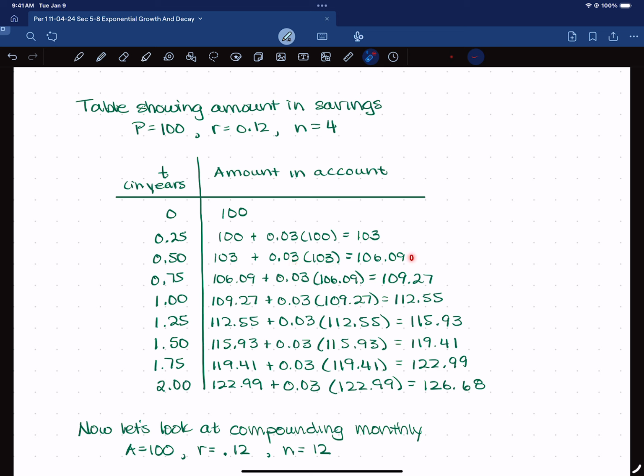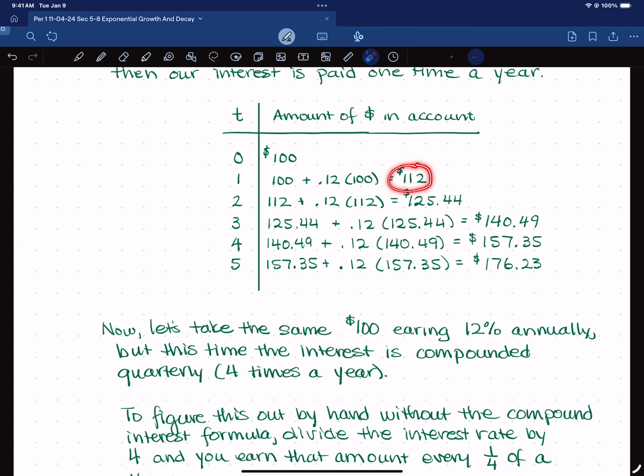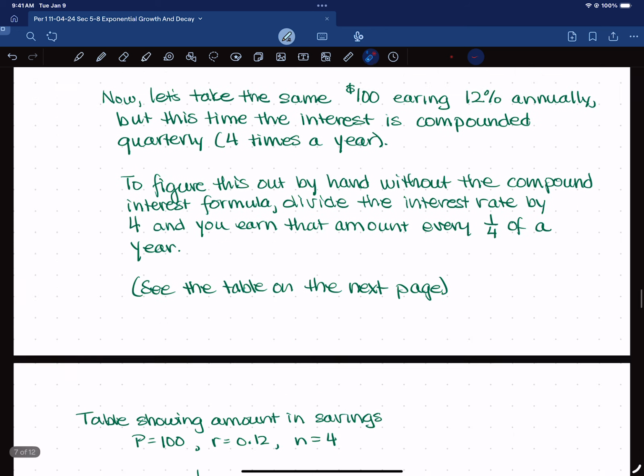So we get this. And then after three-fourths of a year, we earn another 3%. And then after another quarter, we earn another 3%. And here we are. And if you remember from this table, after 1 year, when it was compounded annually, we had $112.